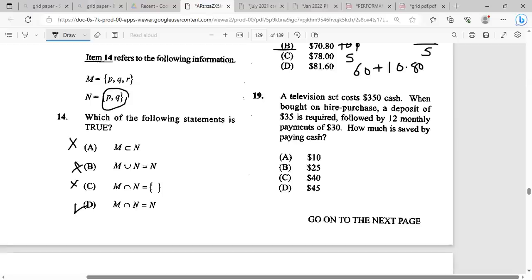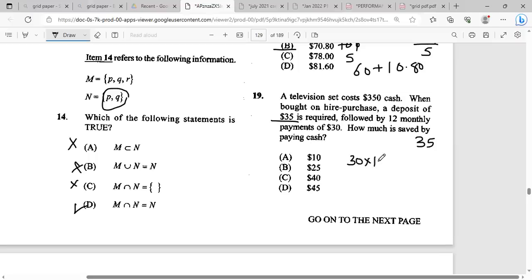A television set costs $350. When bought on hire purchase, a deposit of $35 is required, followed by 12 monthly payments of $30. How much is saved by paying cash? So we can put the cash on one side, no? All right, so you pay a deposit of $35, plus you have to pay back $30 by 12.